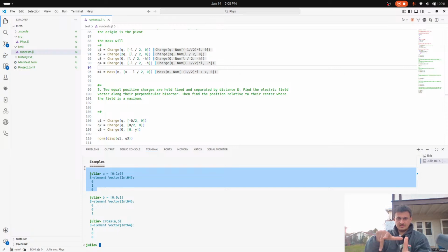Shouldn't it be this way? A cross B is this way. A is this way, B is this way.